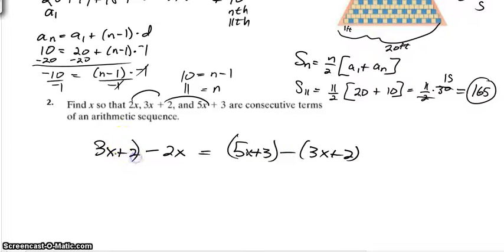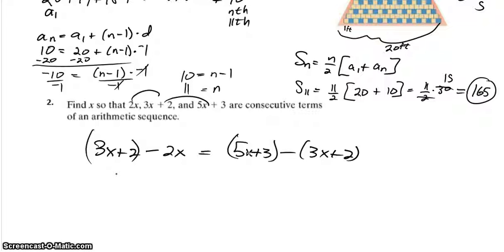That's the common difference idea. Anytime you write out an arithmetic sequence, you take any two consecutive terms, take the larger term minus the smaller, you'll always get your common difference.